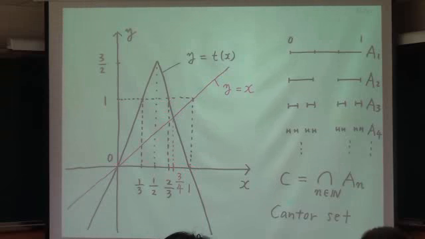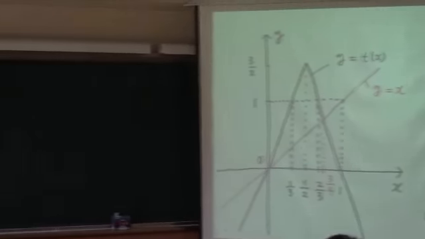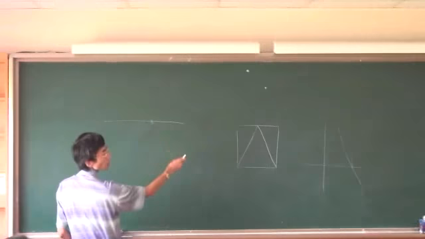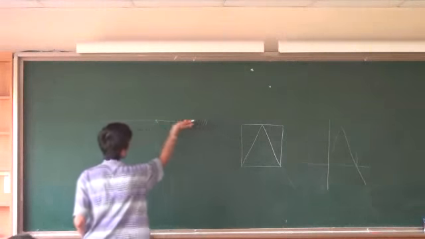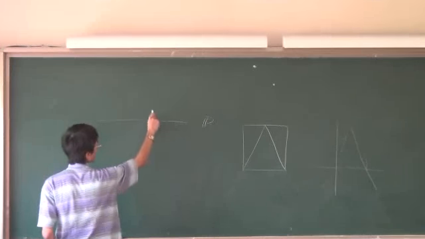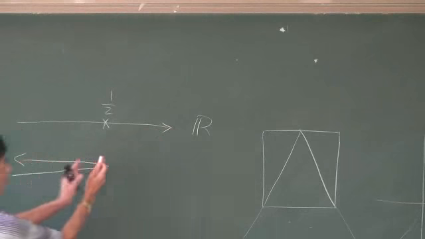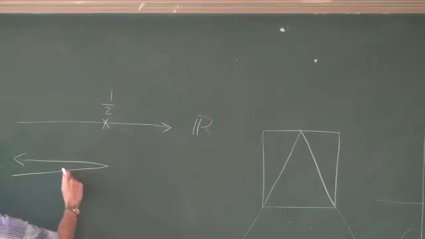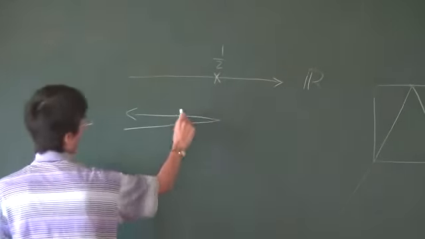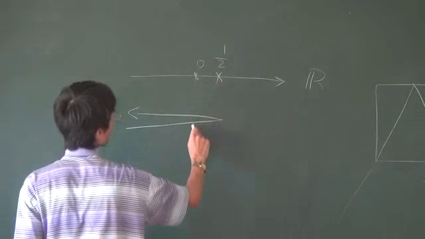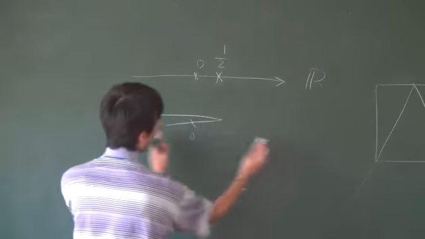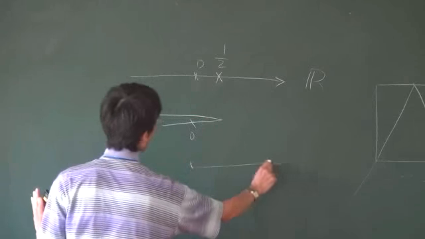So we can imagine it as a tent map. This is R, and it just folds at the middle and extends the length to triple.